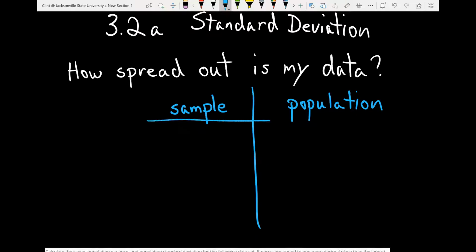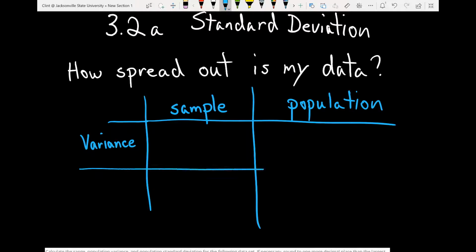And then sometimes we will want variance, but most of the time in this class we'll want standard deviation. Okay, but here are our tables.